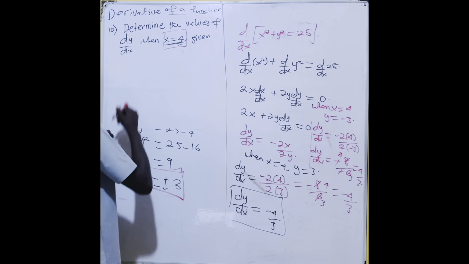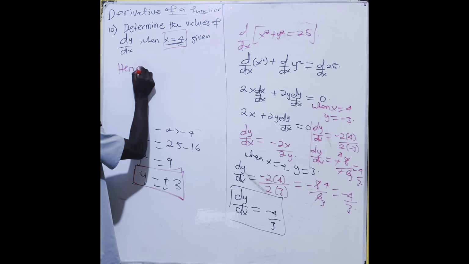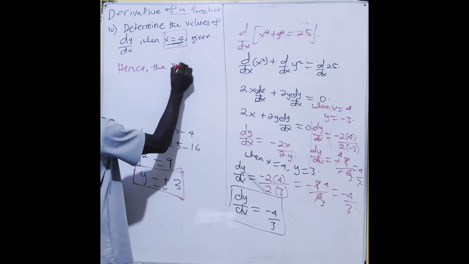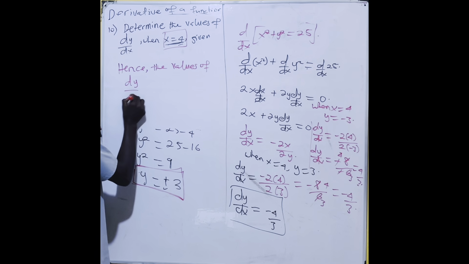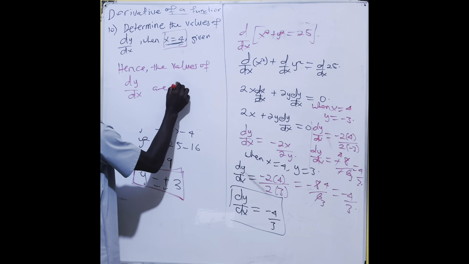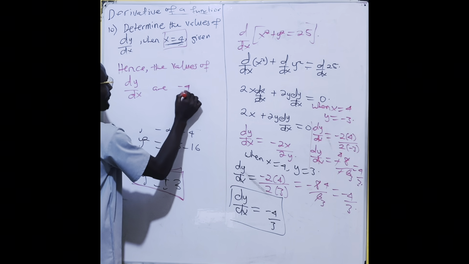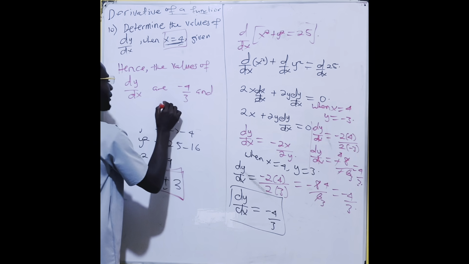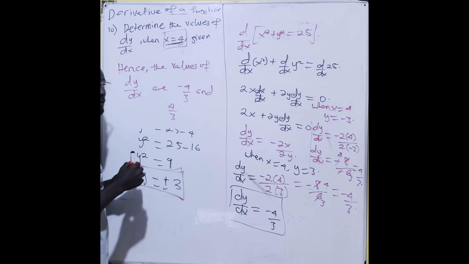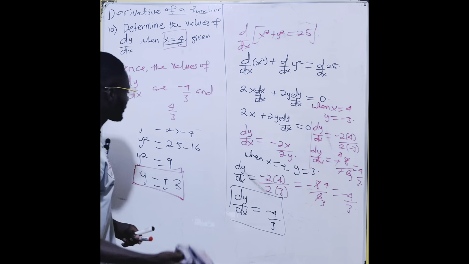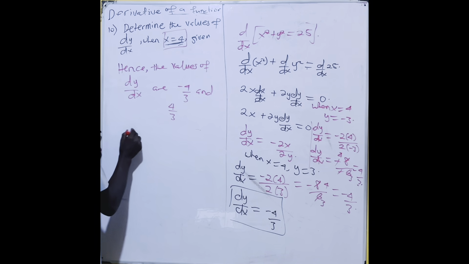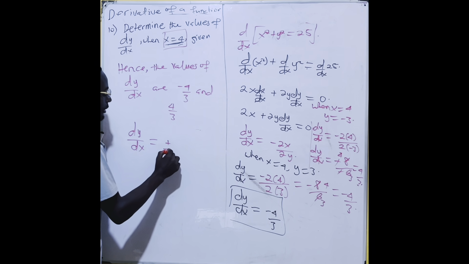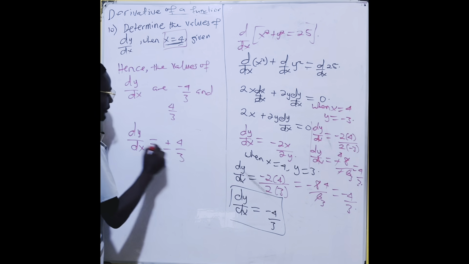Hence the values of dy/dx are negative 4 over 3 and positive 4 over 3. Or we can equally say that dy/dx is equal to plus or minus 4 over 3.